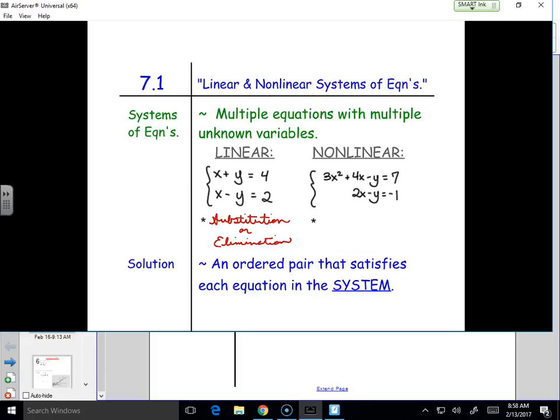Okay, nonlinear. What's different with the next one? It's parabolas. Elimination, I guess you could. I think I would probably instead think substitution. What would you solve for? X or Y? Y. Oh, definitely.